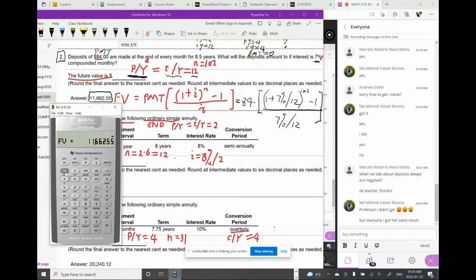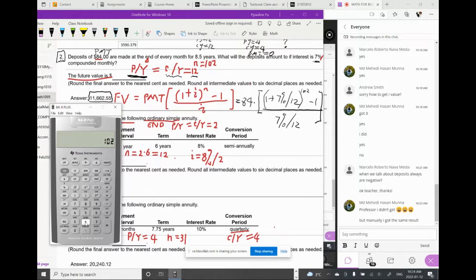I will repeat myself. So second, quit, start all over again. First step, second PY, typing 12, enter. Down arrow key, CY, typing 12, enter. Second, quit. Now I'm typing 84, positive, negative. Press PMT.